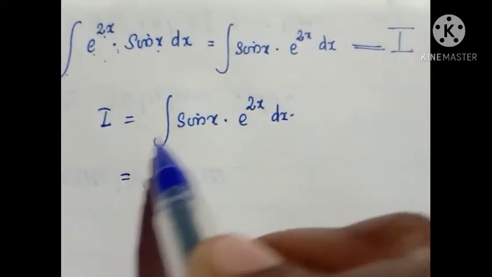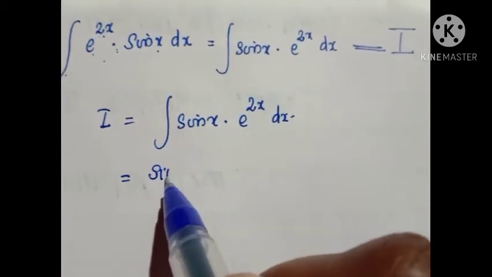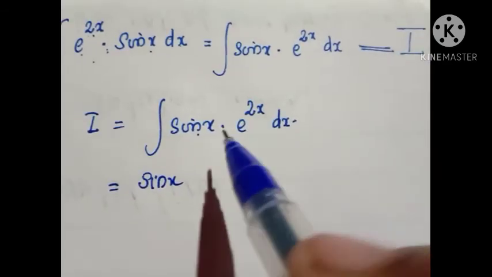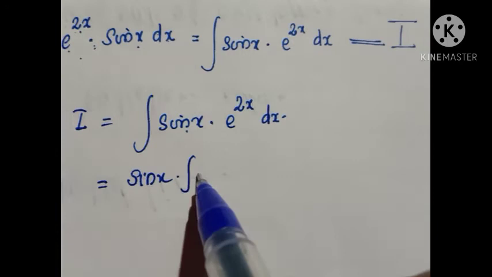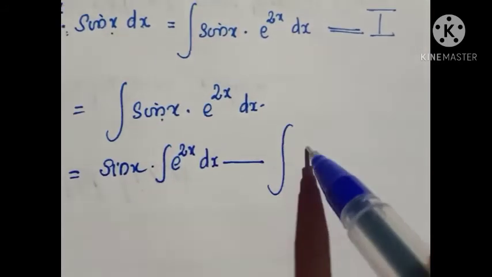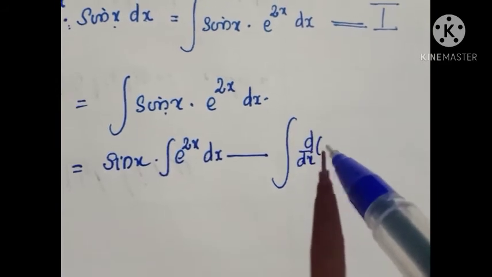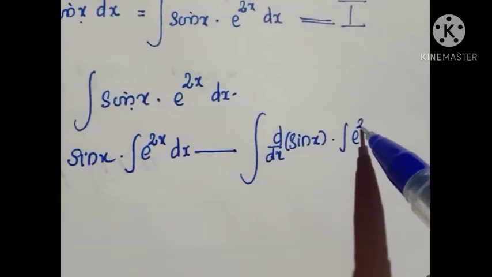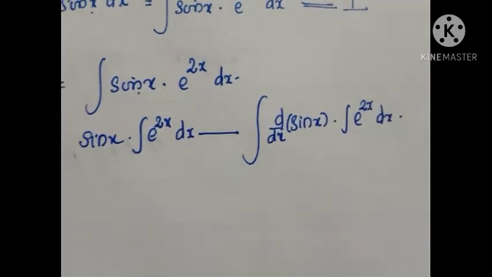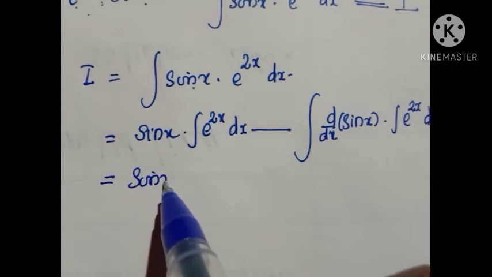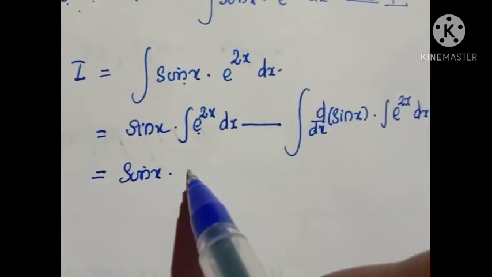So, apply integration by parts. Sin x is first function, e raised to 2x is second function. So, first into integral of second minus integral of derivative of first into integral of second. Okay. That is sin x into integral of e raised to 2x.